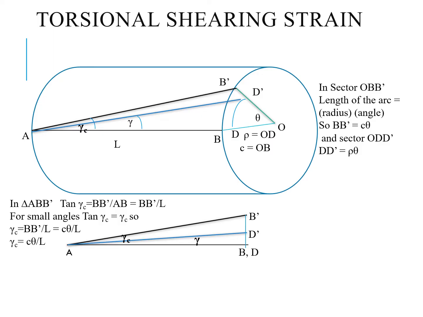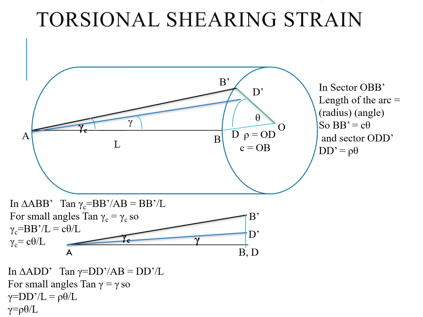So gamma C is here in radians. By applying this, we can say that gamma C will be equal to BB dash over L, and from our sector approach we know that BB dash is equal to C theta. So we have a relationship: gamma C is equal to C theta over L.